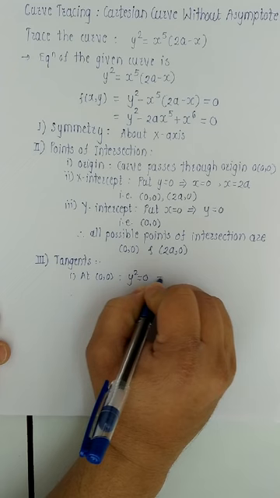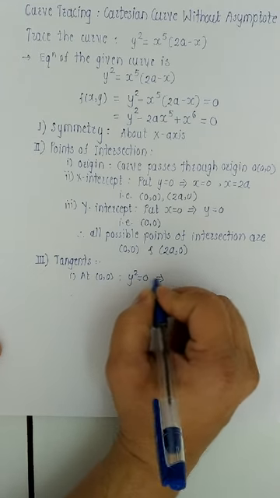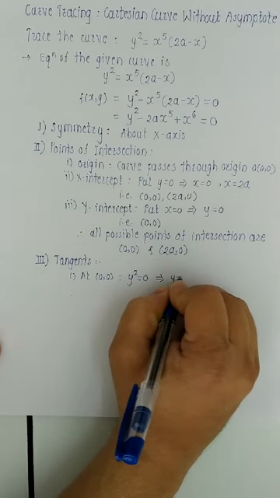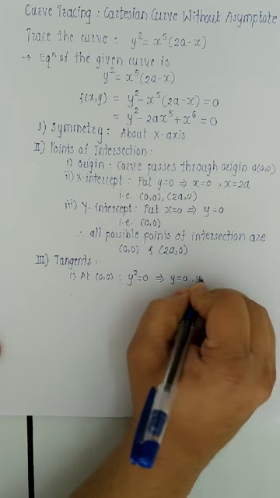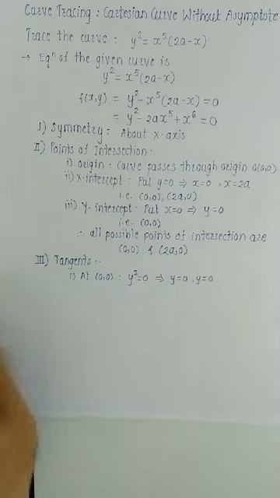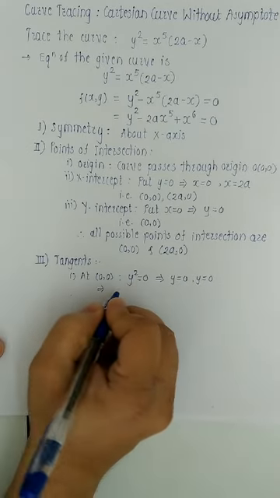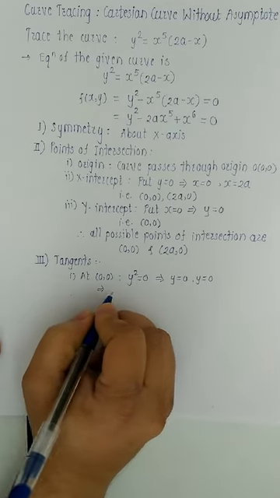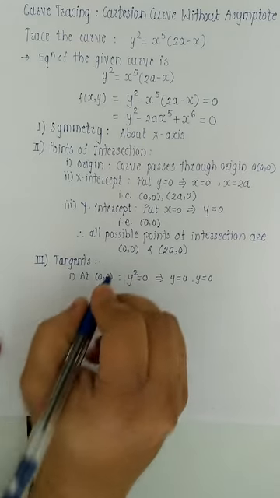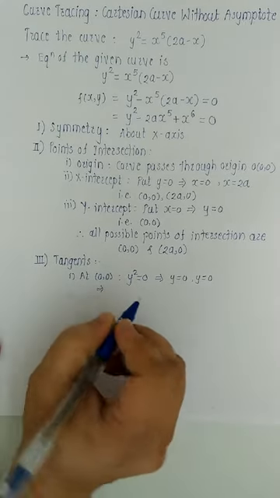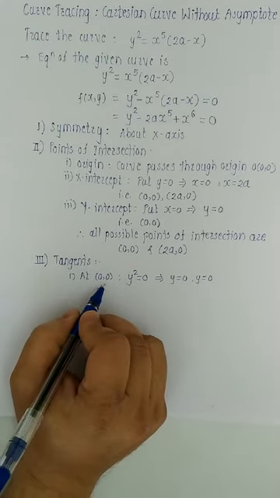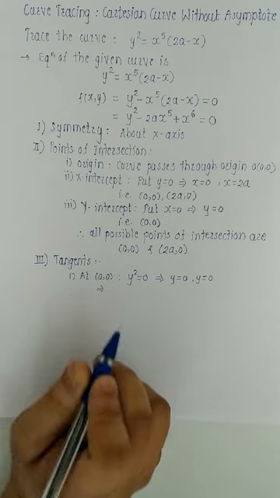So we equate it to 0: y squared equal to 0. Whatever power is there, we write the equation that many times: y equal to 0, y equal to 0. How many times we got gives us the order of that multiple point.